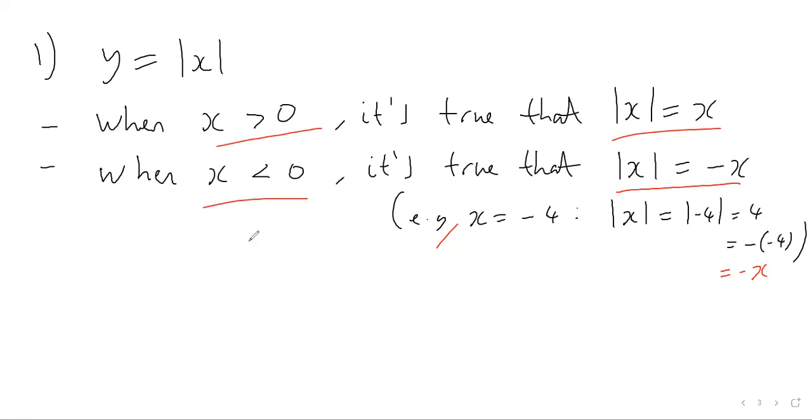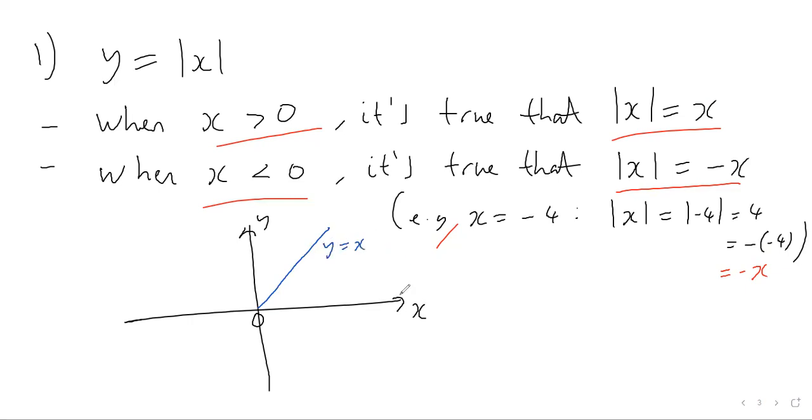When we go ahead and sketch this graph, we've got the x-axis and the y-axis. When x is bigger than 0, the modulus of x equals x, so y equals x. This is the y equals x line there.